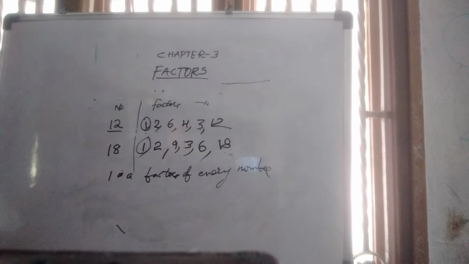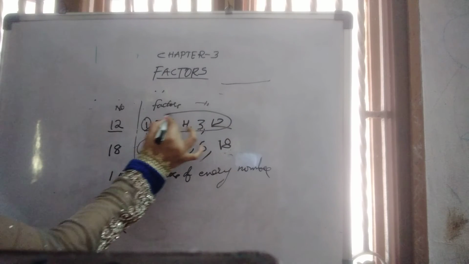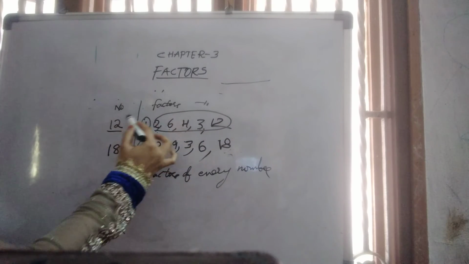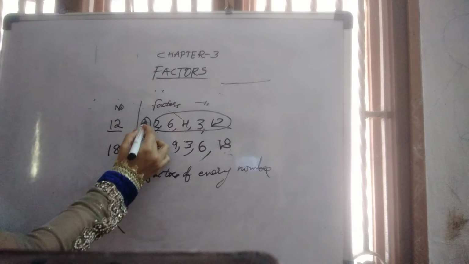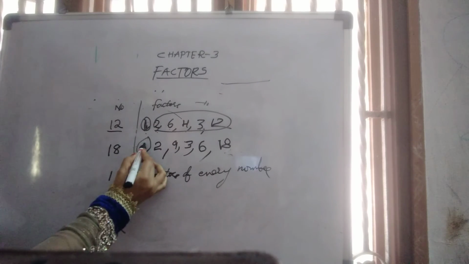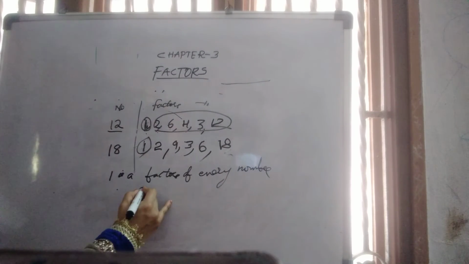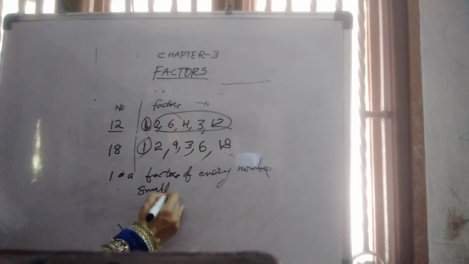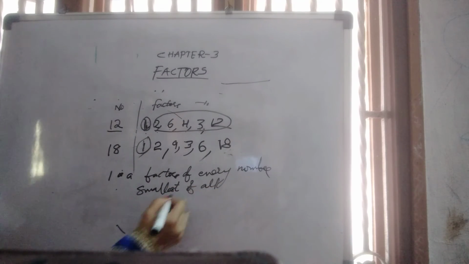That's why 1 is a factor of every number. And it is the smallest of all factors. Here 1 is the smallest. You have noticed or not? So 1 is a factor of every number and the smallest of all factors.